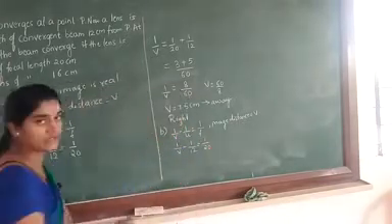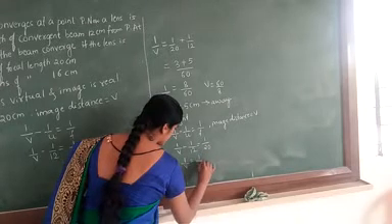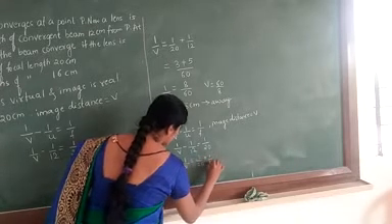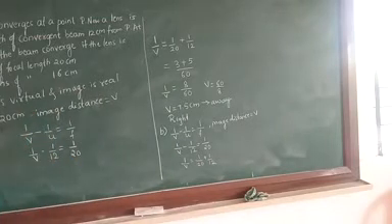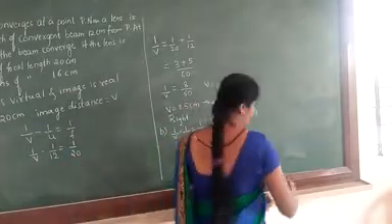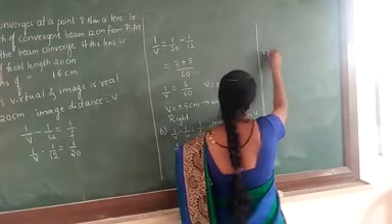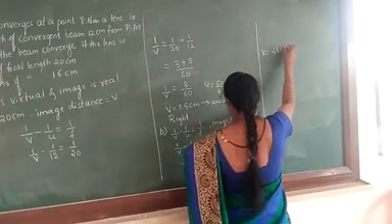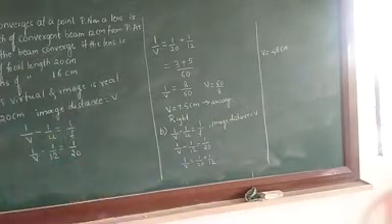Now next, again the calculation part. 1 by v is equal to 1 by 20 plus 1 by 12. Now calculating the value, we get the answer v is equal to 48 centimeter.